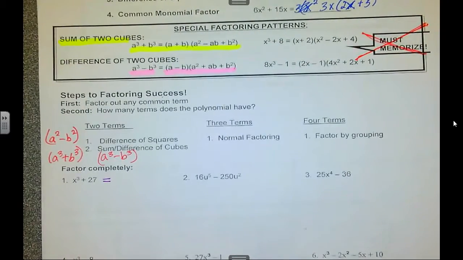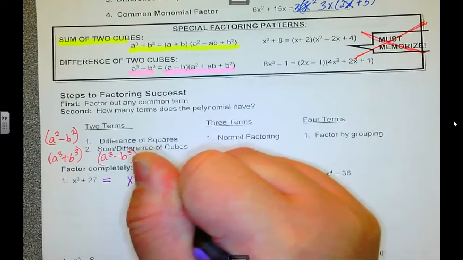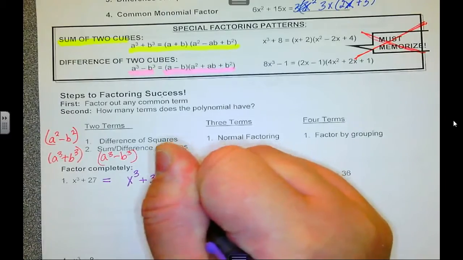All right, the column where it says x cubed, look down, look for 27. Then go to the left, and what's the base? Keep going to the left. 3. So I have x cubed plus 3 cubed.